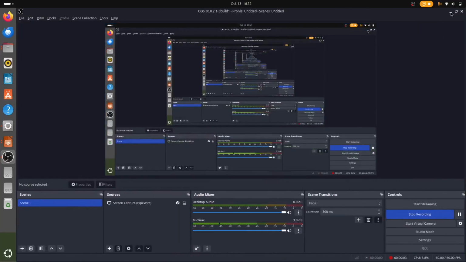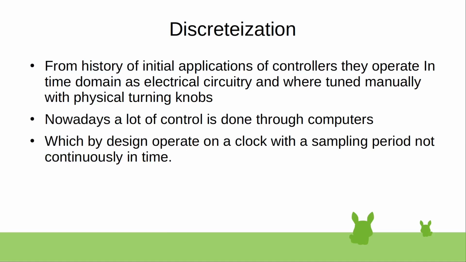Okay, so now on to a small touch up on discretization, and then I'll go on to how a real system may look like. Initially, controller theory was derived, and controllers in general from the past have been continuous.